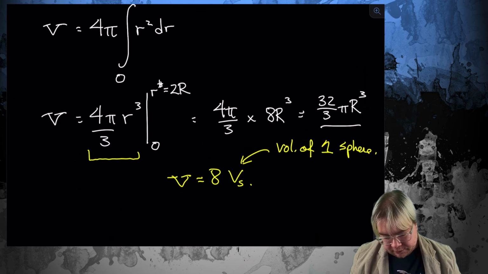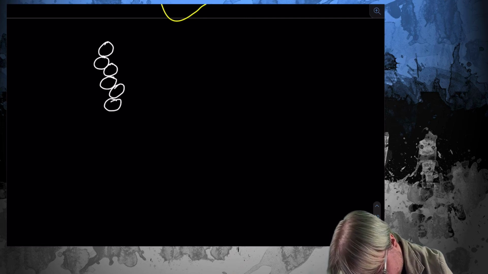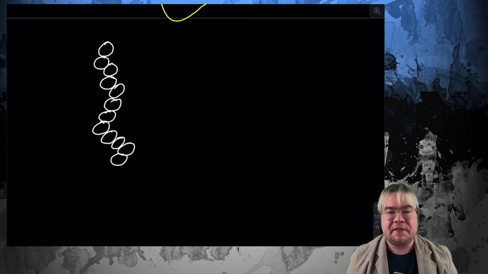Now, it's really hard to extend this definition of excluded volume with the Mayer F function to polymer chains because, again, this is assuming that all of the monomers are spherical, and that's not really the case. So this is the way that we would have to think of a polymer chain in terms of spherical monomers.